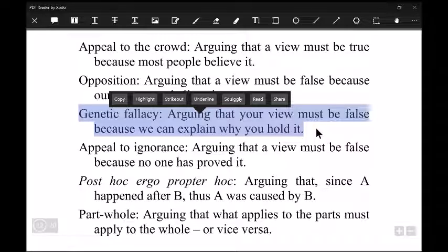To show that the views are false, you have to attack the views. It doesn't suffice to say how you came to get the views. Maybe you came originally to believe in certain things because of your upbringing, but you later came to back it up more. So maybe you have firm knowledge about it, even though originally you came to believe it under those reasons.